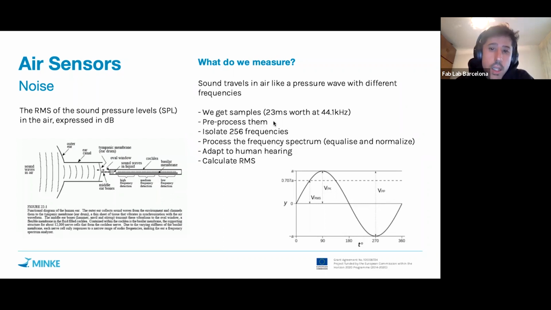We preprocess them, meaning we apply a little bit of cleaning, and then we perform a fast Fourier transform, isolating 256 different frequencies, and we get a frequency spectrum, which we then correct by equalizing it, normalizing it, and then adapting it to human hearing capacities.